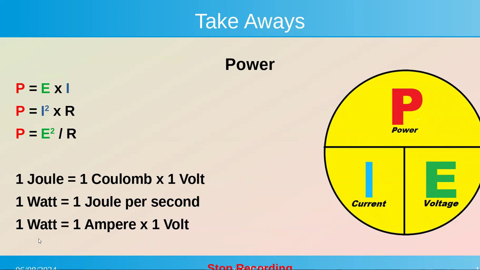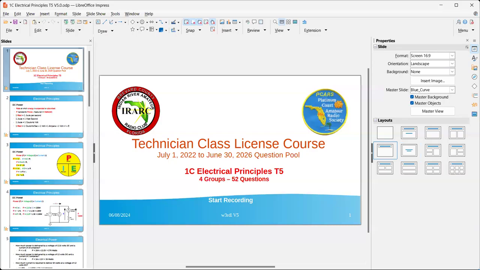So that's how we get the power is equal to I times E. Just remember to write your little pie chart. It'll help you remember it. That's what the back of the answer sheet is for.